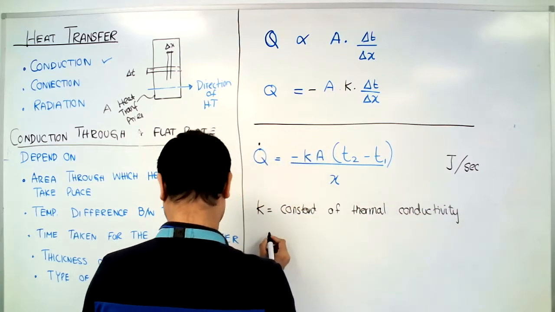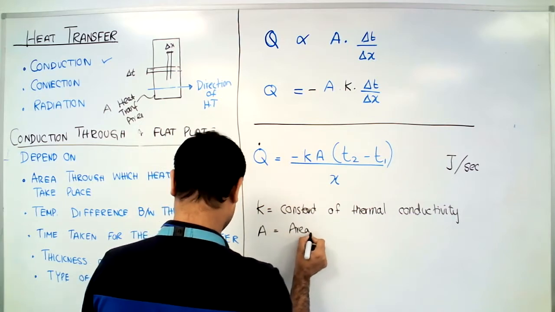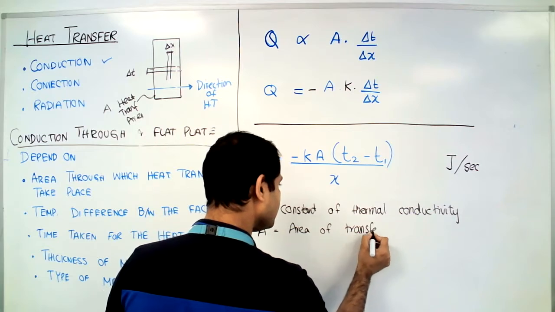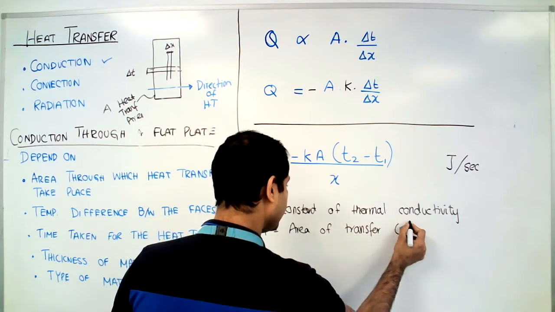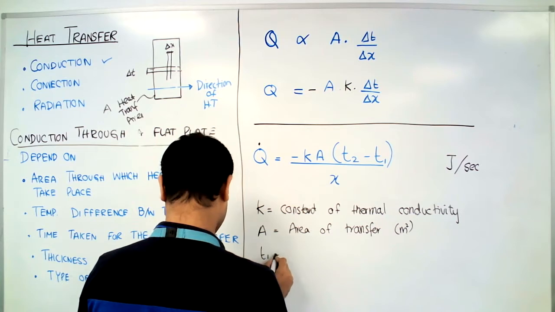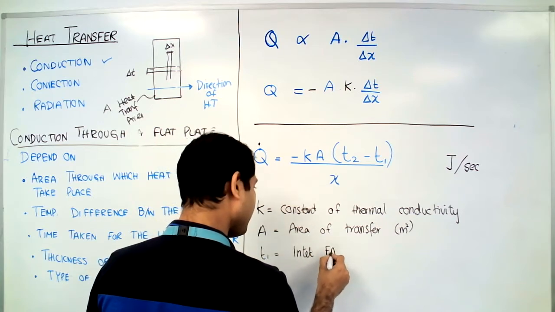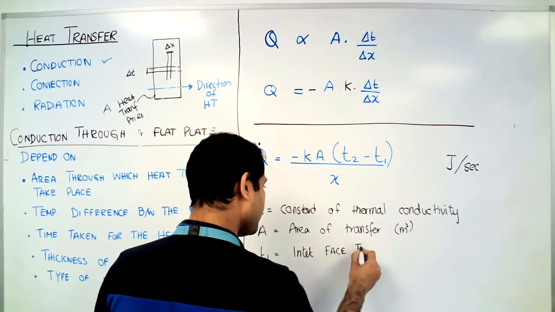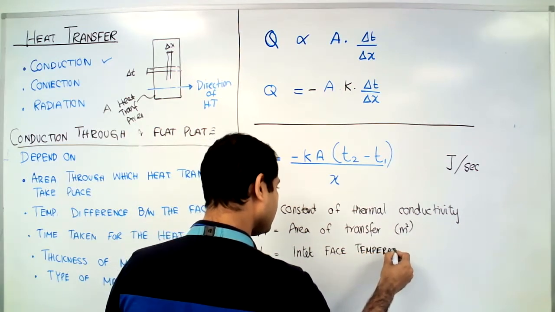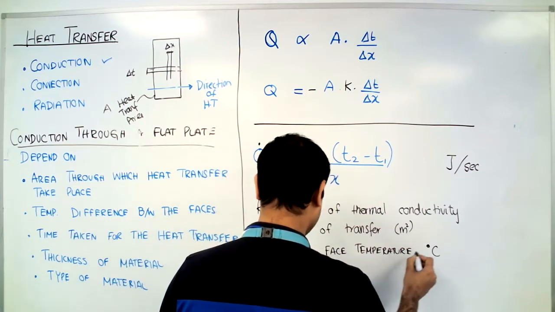A is the area of transfer. We use meters here. Inlet phase temperature, we do that in centigrade.